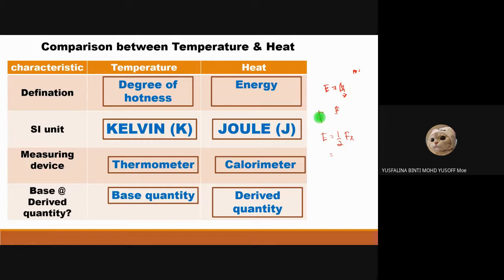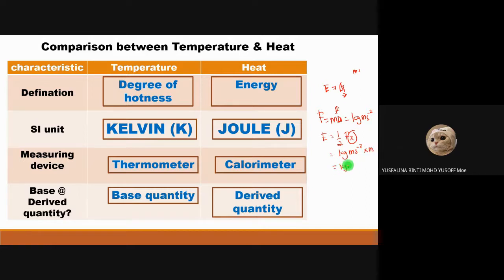Wait, what's wrong with my pen? F is equal to ma. m is in kg, a is the acceleration, in m s to the power of negative 2. So F is kg m s negative 2. x is the compression, so this is in meters.